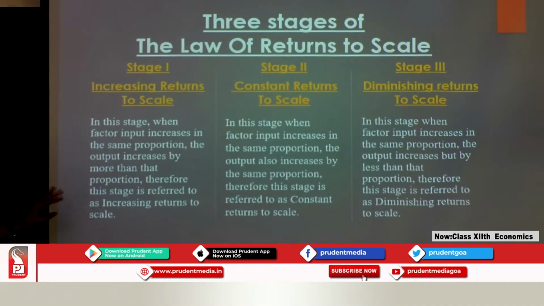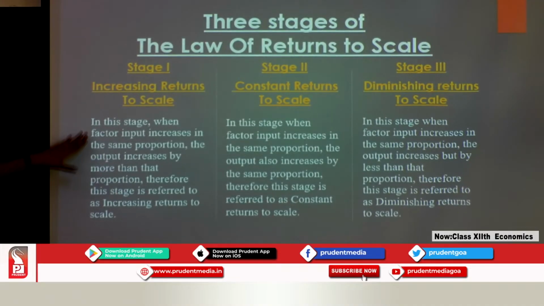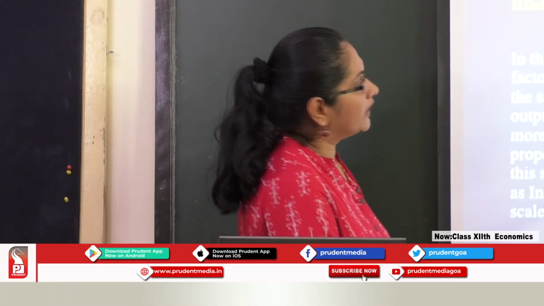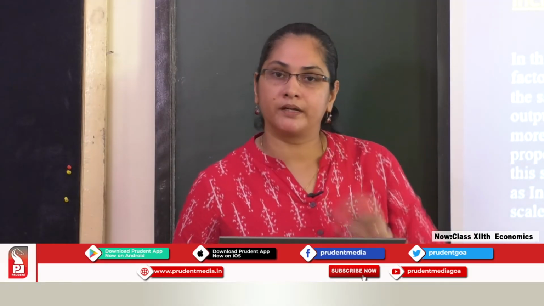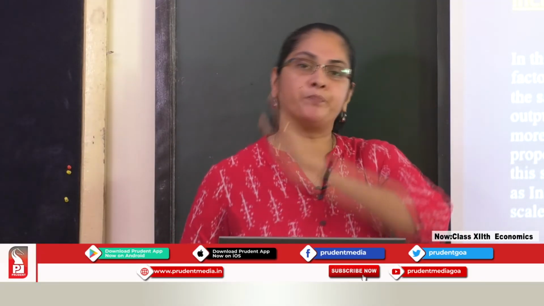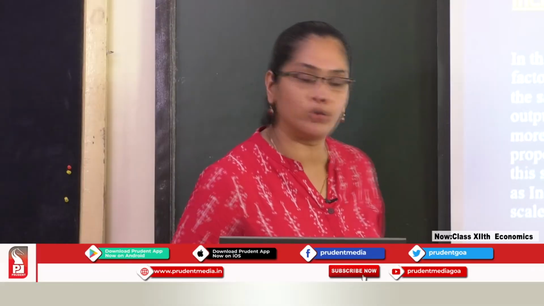I have mentioned all these stages. Here you've put in the input in a particular proportion, the output is more than proportionate. That's why the stage is called increasing returns to scale. In the second case, you have put in input in a particular proportion, and you are getting the same percentage in output also.